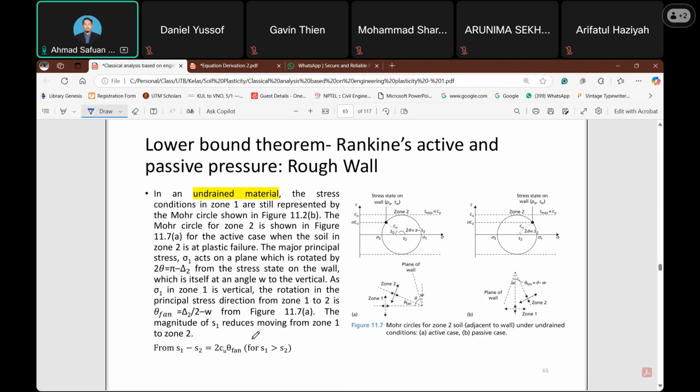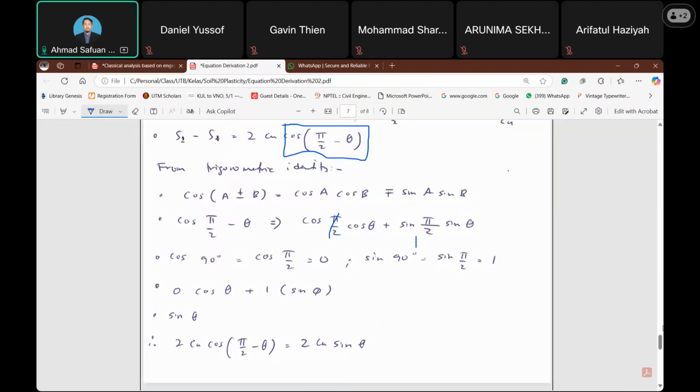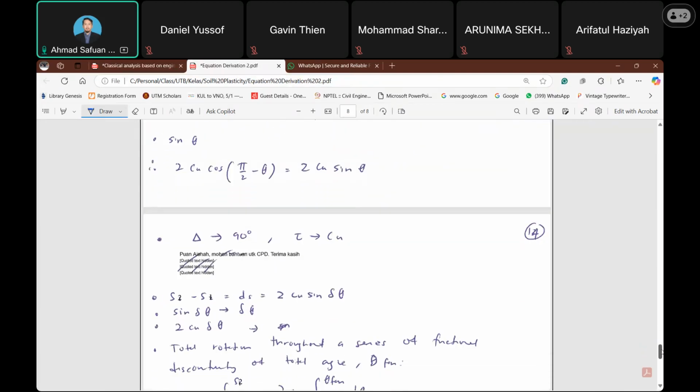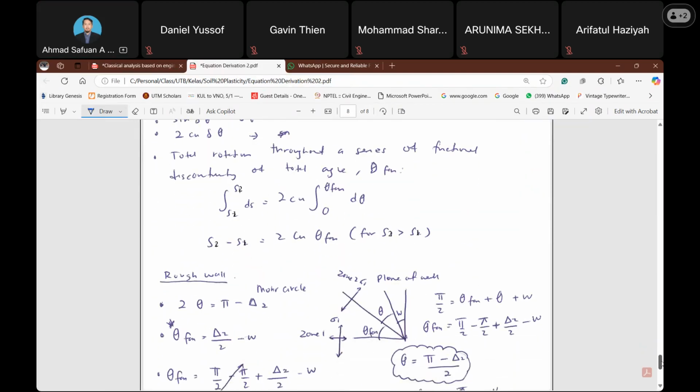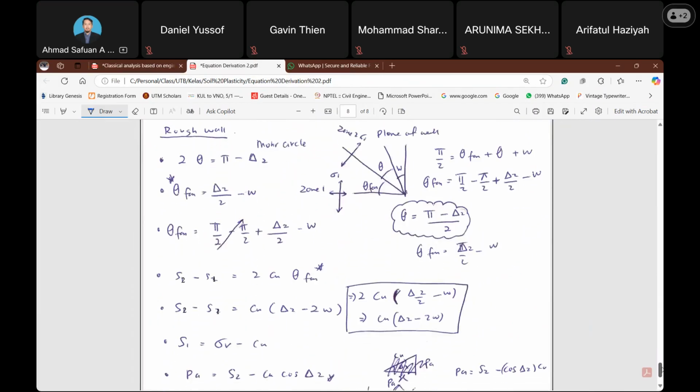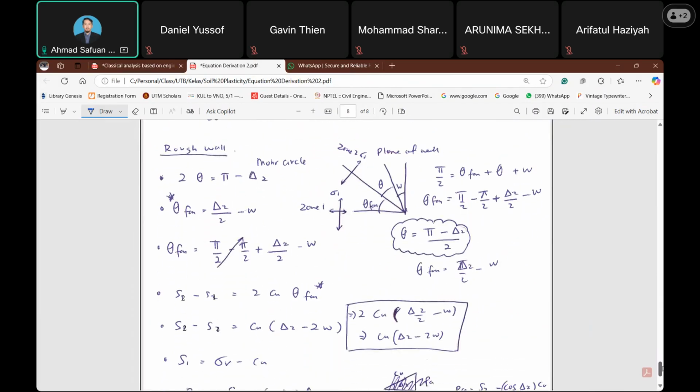Then this is what we have discussed before, which is the 2 Cu theta fan. So we look at the derivation. This is for the undrained, for the rough wall.